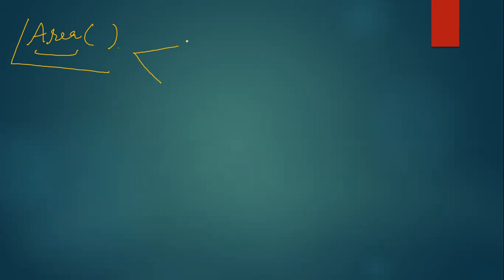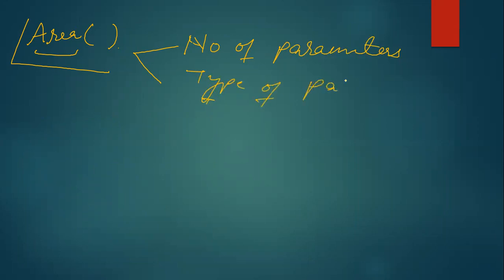First one, the number of parameters, and second, the type of parameters. And my dear students, parameters are those variables which we pass here. We call them parameters. This we will discuss in later videos. I hope it's clear to you.